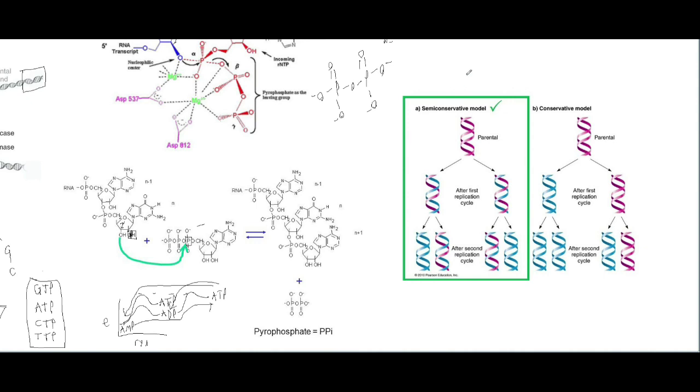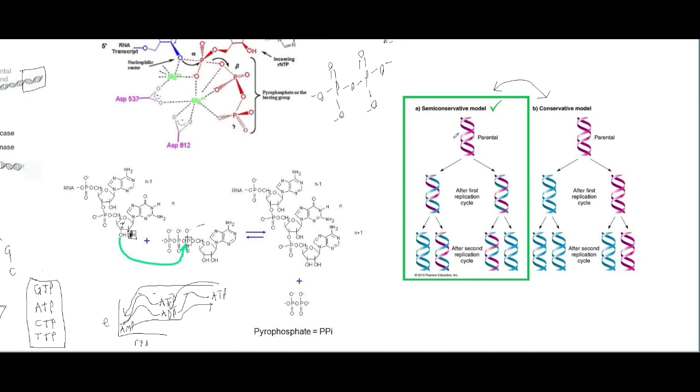But this semi-conservative model and this conservative model were two competing models back in the day when DNA was first being discovered as the genetic material. And it turned out that we go through the semi-conservative model.